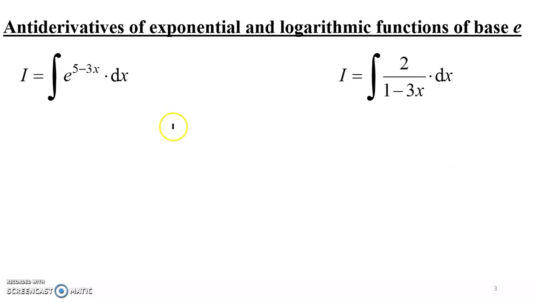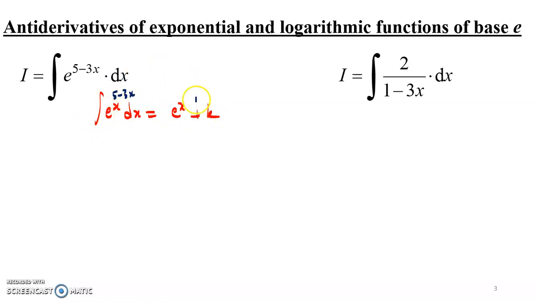Now we're going to start taking it a little bit further. Now over here we have the integral of e to the 5 minus 3x. Now, this is an exponential function to the base e, and we do know that the integral of e to the x is e to the x plus k. However, I notice here that instead of x, I do have 5 minus 3x, which is linear. So being in the form e to the u, where u is linear, I can use the compound formula here.